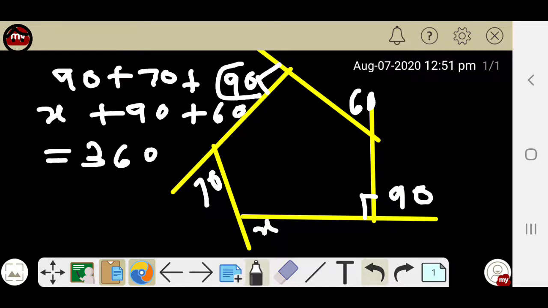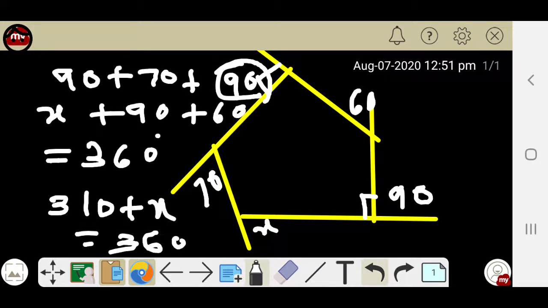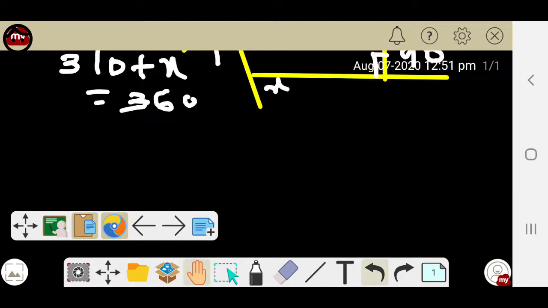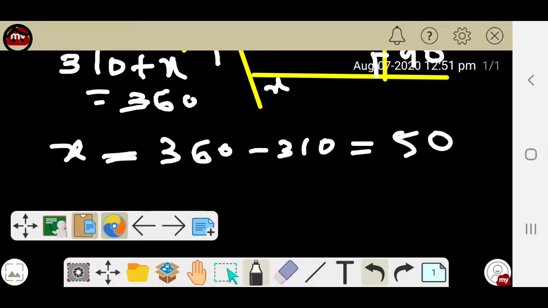Sorry. 90 plus 70, 160. 160 plus 90, 250. 250 plus 60, 310. So I added this 90 also. Not this 90, this 90, this measurement. So 310 plus x equal to 360. Then what is x? X equal to 50. So x equals 360 minus 310 equals 50 degree.